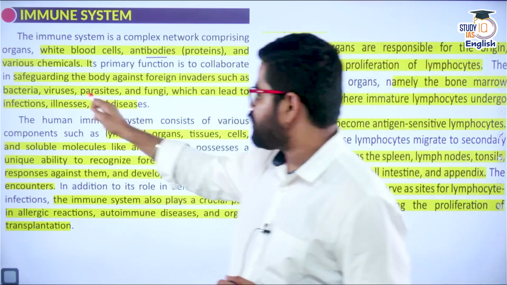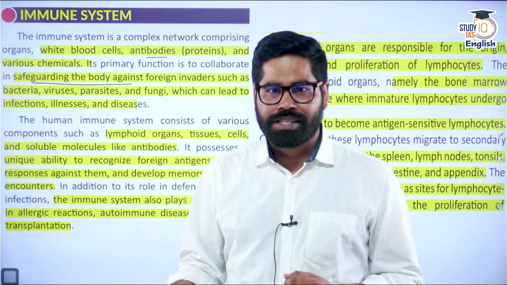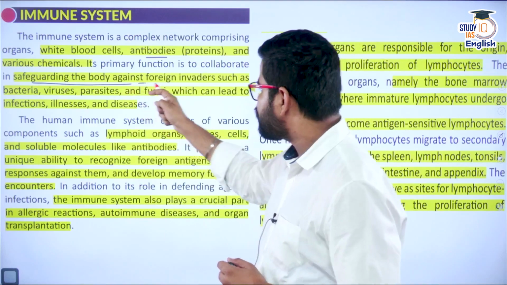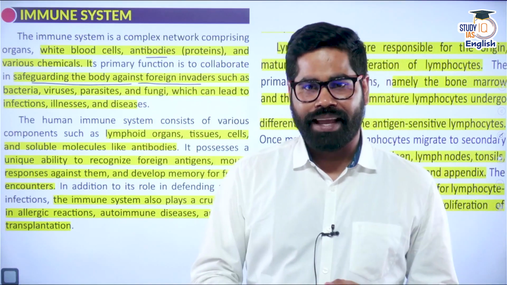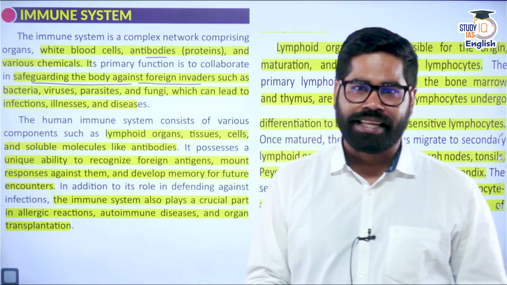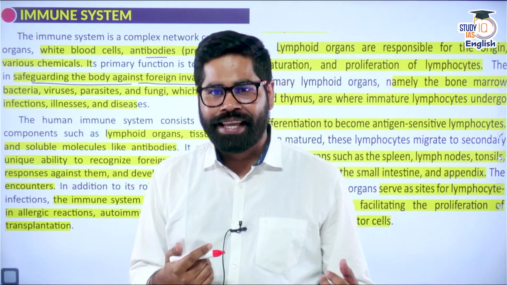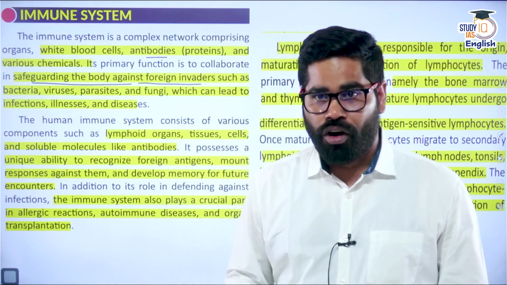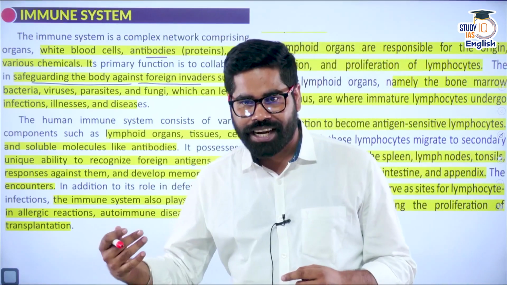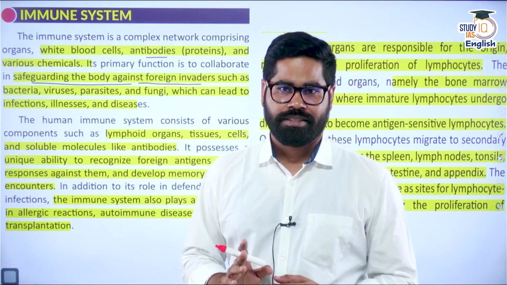Basically, it is responsible for safeguarding the body against foreign invaders, like the bacteria, viruses, parasites, and fungi. If they enter our body, the immune system and its organs try to protect us from these foreign invaders.